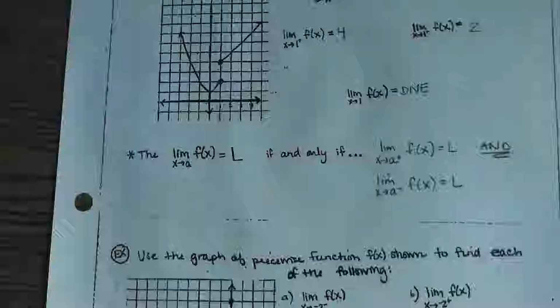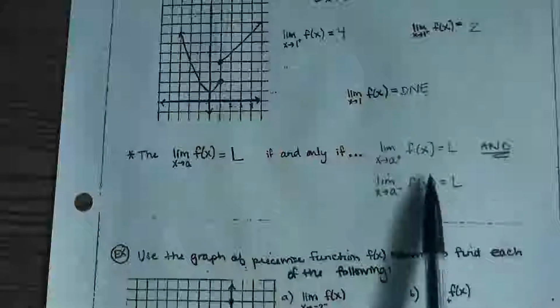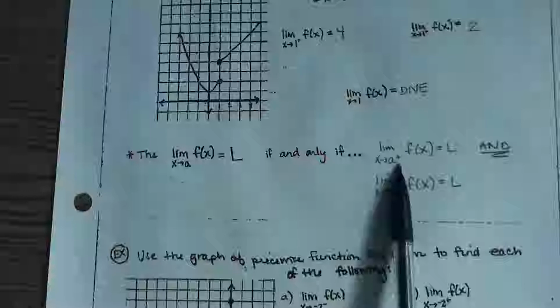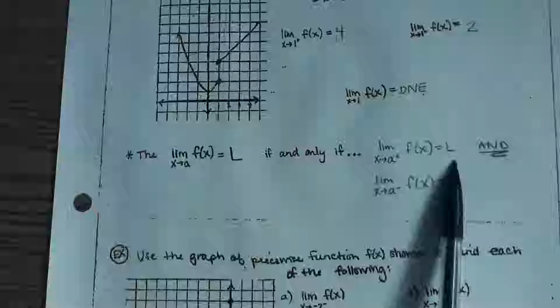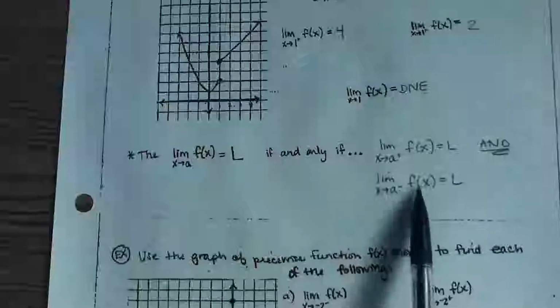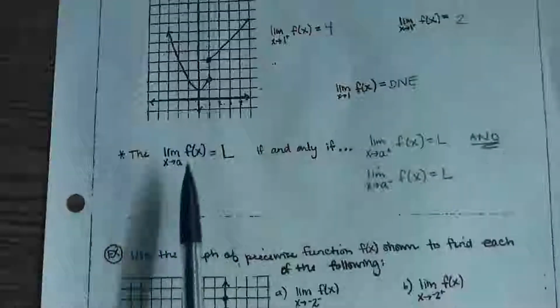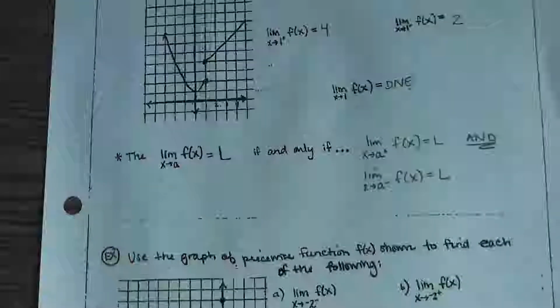Is the limit the same from the right? Okay, yes, so then they have the same limit. This is it symbolically. Here's the limit of your function as you approach some value from the right, being some L value. Here's the limit of the function as you approach a from the left, being the same L value. Therefore, the overall limit as you approach a of the function is L.